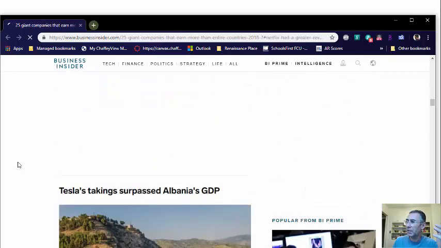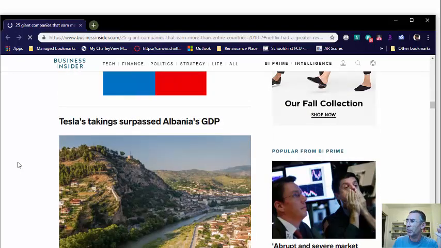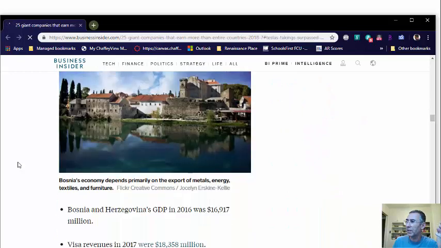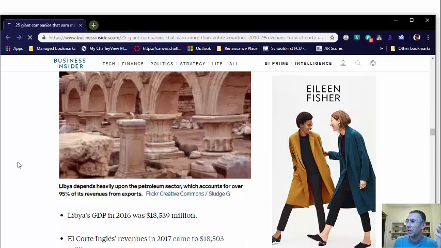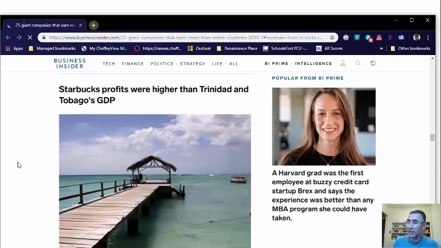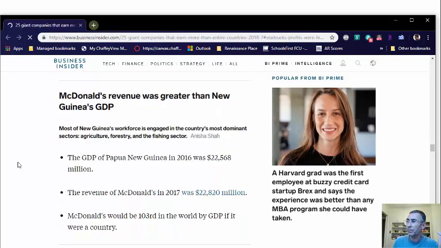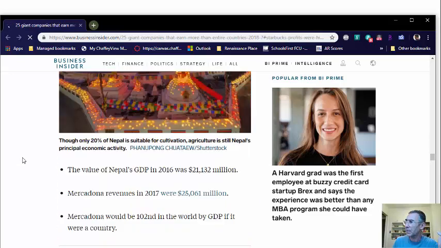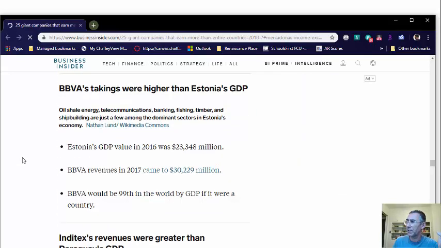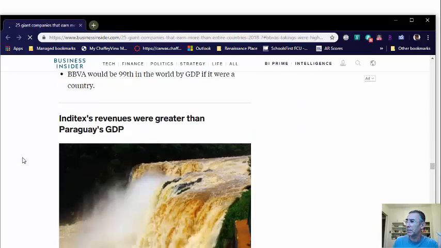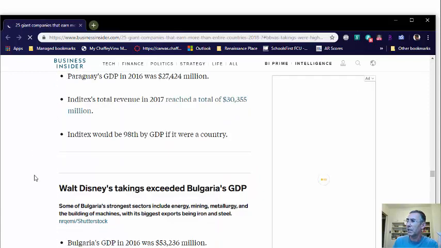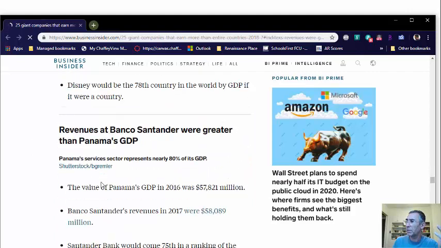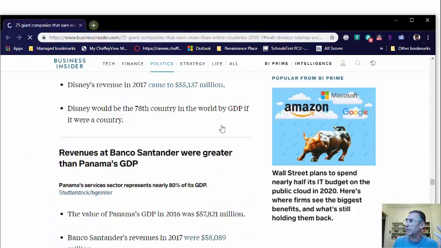Anyway, just a way for people to really wrap their head around how big these multinationals truly are, right? They're ginormous, and their revenue is bigger than countries, right? And some of them are really, really impressive. Anyway, you get the idea, right? We're starting to get into bigger economies right there. Paraguay GDP, Walt Disney, Bulgaria's GDP. You get the idea, right?